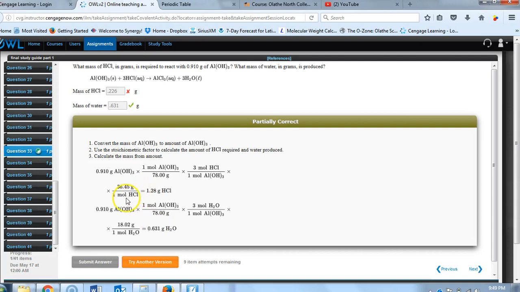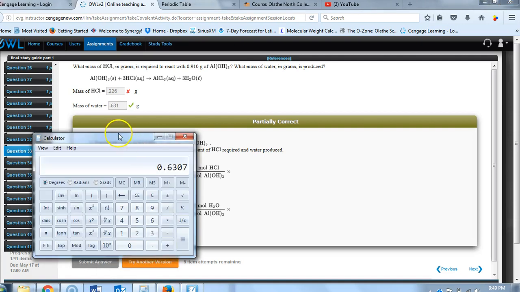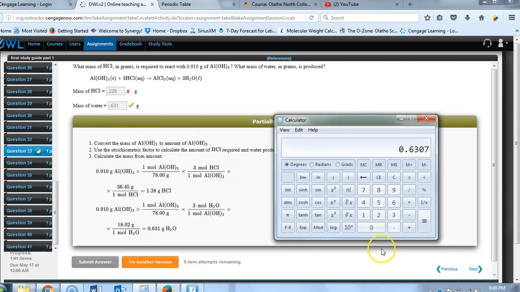What did I do wrong, people? I must have hit something wrong in my calculations. I have it set up right. Divided by 78 times 3 times 36.4. Oops.